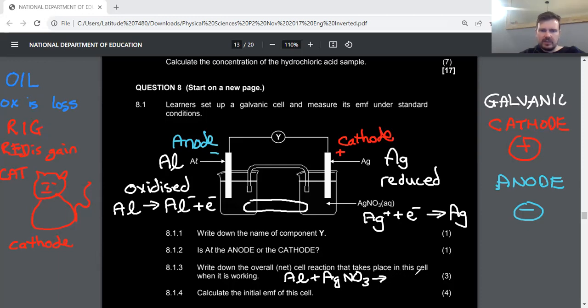And that's going to go to Ag plus Al NO3. Swapping it around. And if we wanted to write it without the NO3s, it would be this.